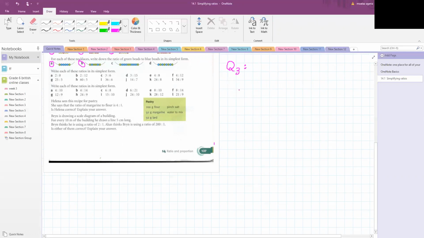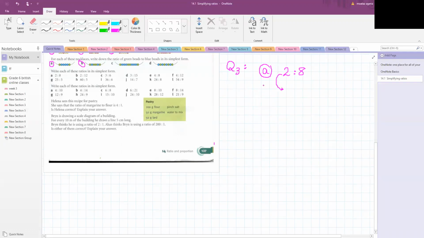Okay, A. The first ratio is 2 to 8. If I want to simplify this ratio, I will divide by the highest common factor. What is the highest common factor between 2 and 8? Yes, it's 2.